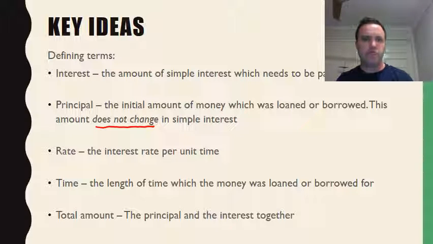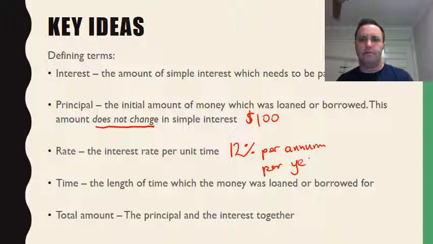Rate is the interest rate per unit time. Let's rewind for a second. This was that $100, for example, that Billy Bob borrowed. For the interest rate, you might hear things like 12% per annum, A-N-N-U-M, which is the same thing as per year.